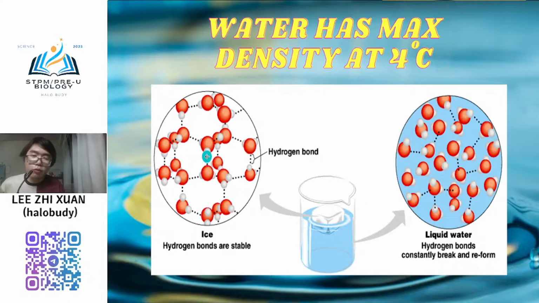You see that one water molecule will form 4 hydrogen bonds, right? 1, 2, and then 3. This one is hydrogen 1, and this one 1, and then 2 hydrogens from another 2. So they will form 4 hydrogen bonds.